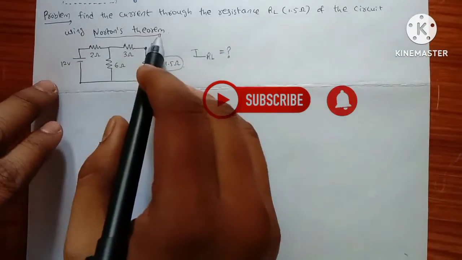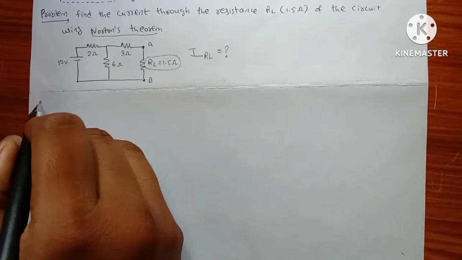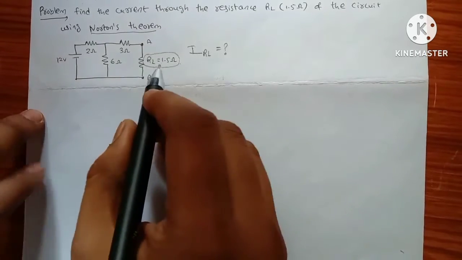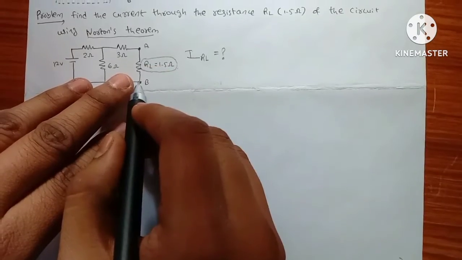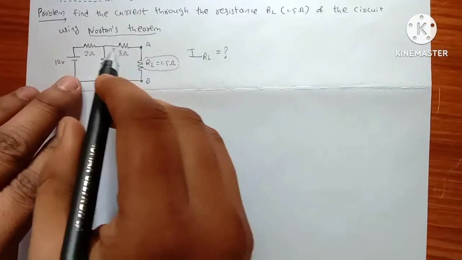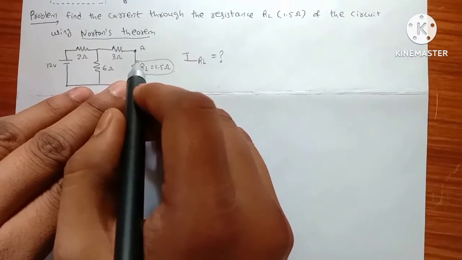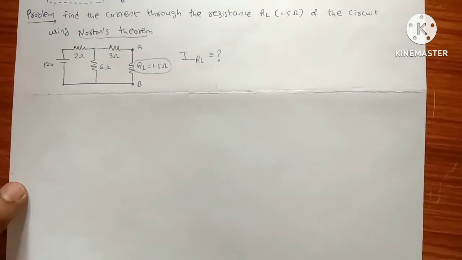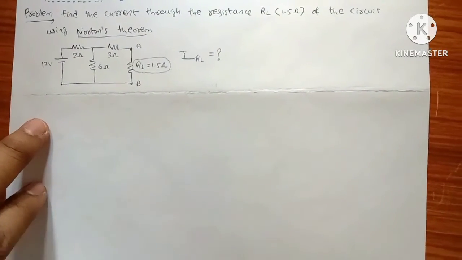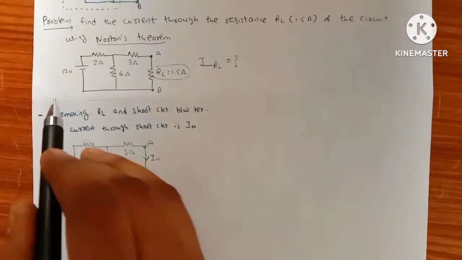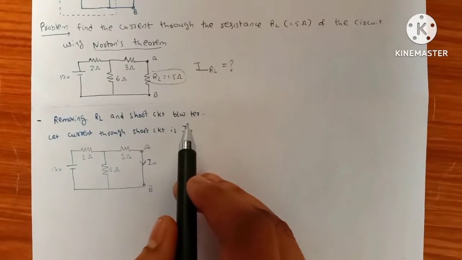Step 2: we should remove this RL and short circuit between the terminals, and draw the circuit, considering the current through this short to be IN.